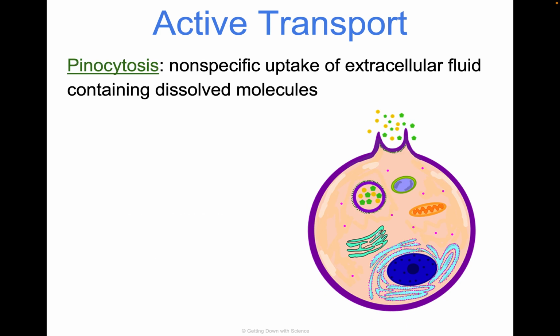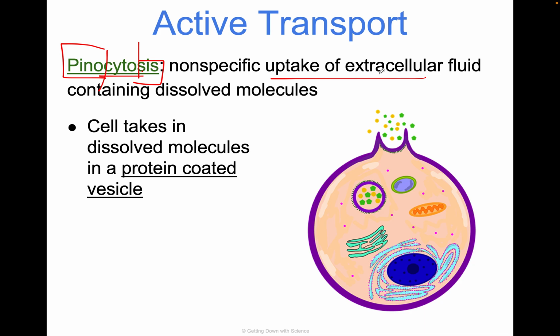Pinocytosis is slightly different. This is uptake of extracellular fluid. So this is like you're drinking. Pinot, I'm sure you've heard of wines that are named Pinot, and then cyto, meaning cells, and then process of. It's an uptake of this extracellular fluid containing dissolved molecules.